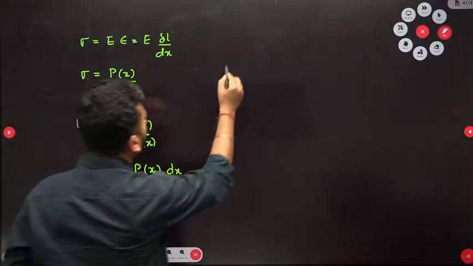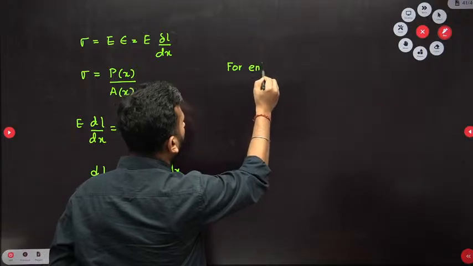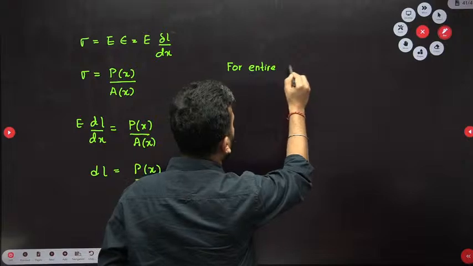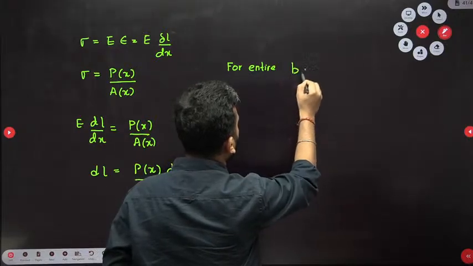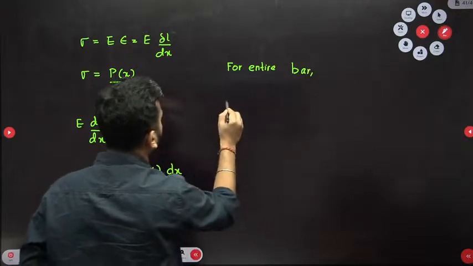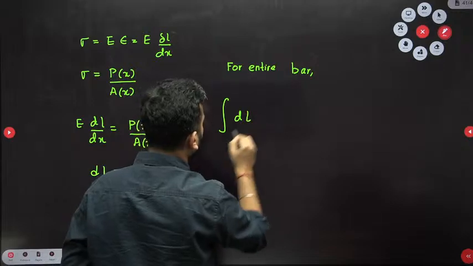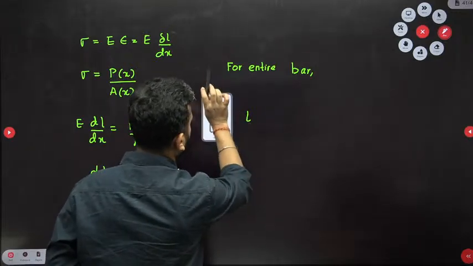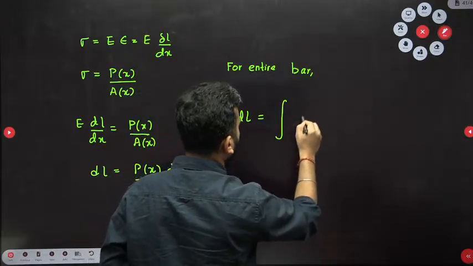So for the entire length of the bar, you have to integrate dL from 0 to L, and this you have to integrate.